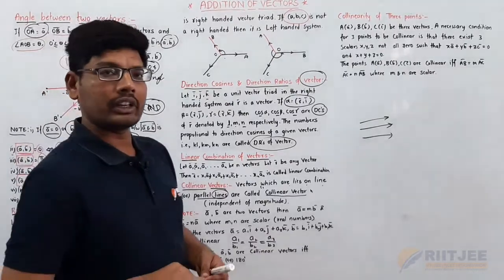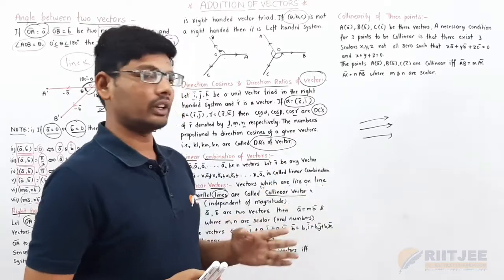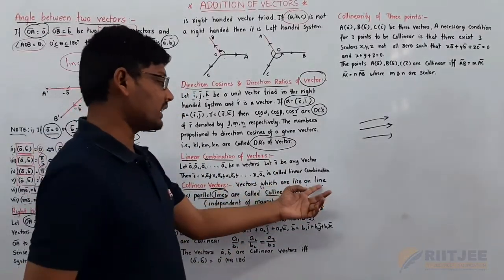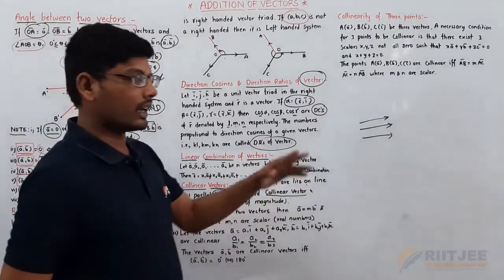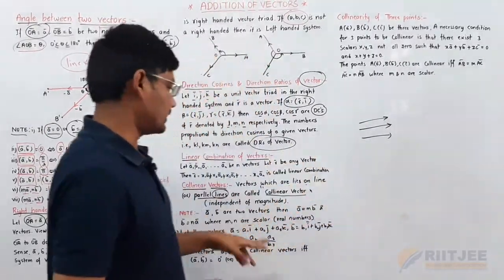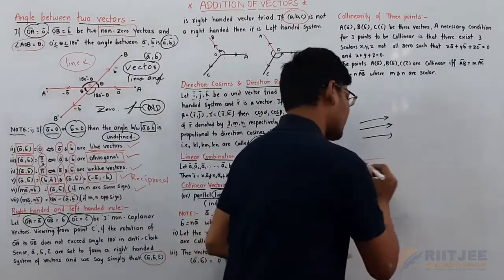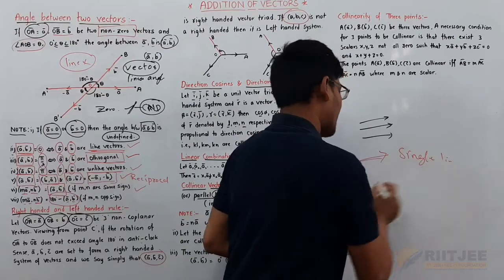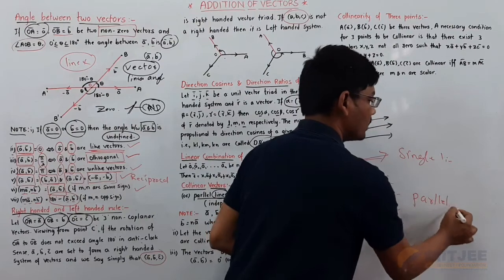Simply, what is meant by collinear for points? If 3 points lie on a single line, they are collinear. When it comes to vectors, if the vectors lie on a single line or else on parallel lines, then the vectors are said to be collinear vectors. Here there are two conditions: the vectors lie on a single line, and lie on parallel lines also.